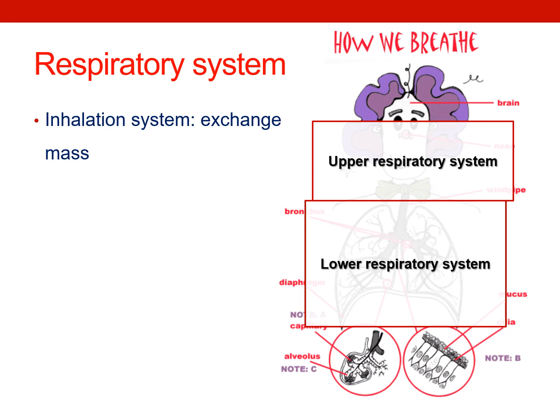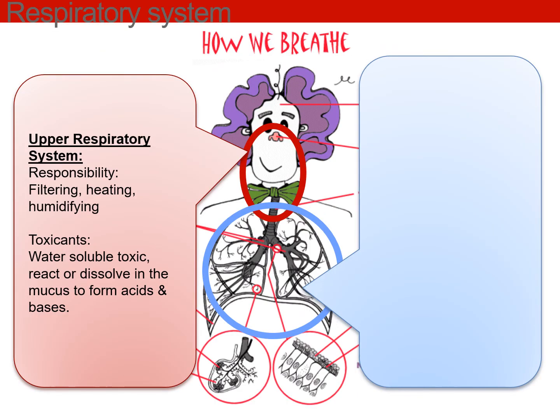The upper respiratory system consists of your mouth, your nose, and your sinus, all the way until before the lung. The lower respiratory system consists of your lung and all its smaller structures such as bronchi and alveoli.